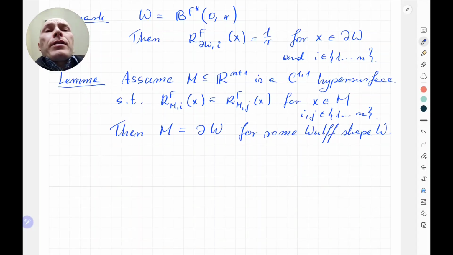So totally umbilical surfaces are spheres. This is a more or less classical result for C^2 and for C^{1,1}. It is written in our paper, and maybe somewhere else as well, but you should bear this in mind.